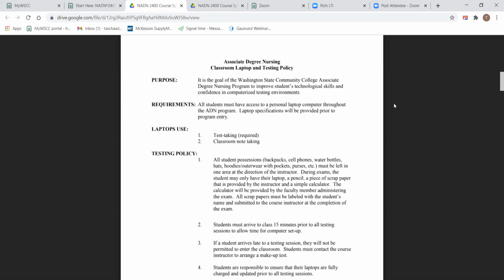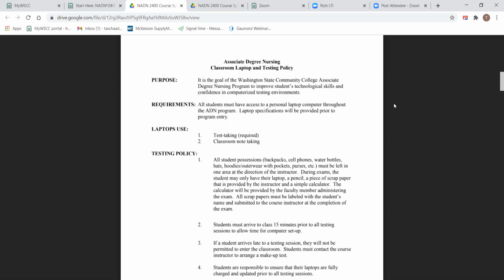Now, online, you will not have a piece of paper. What will be expected when you take your tests in ADN 2400 is that you can have a simple calculator and a whiteboard. We will note that the whiteboard, prior to taking the exam, is cleaned off, so completely there's no information on it.